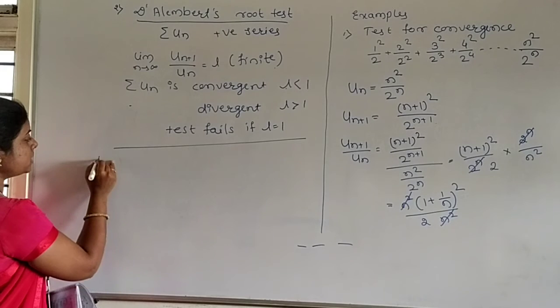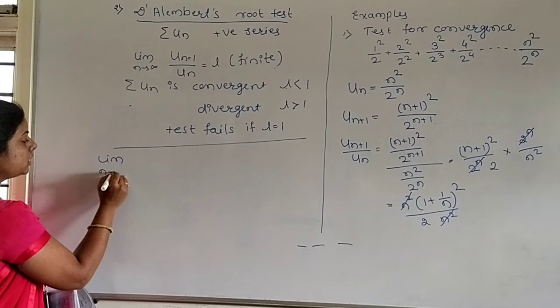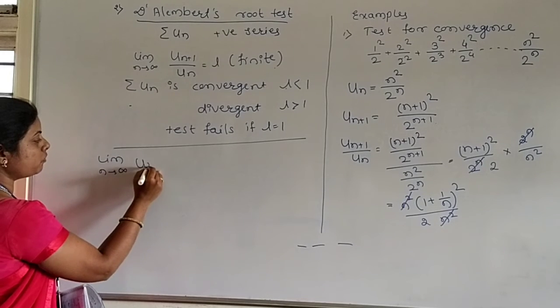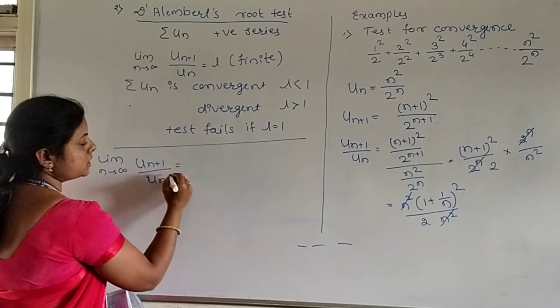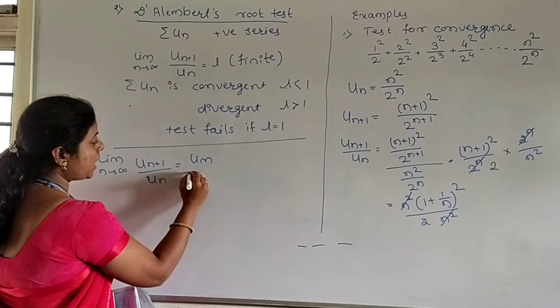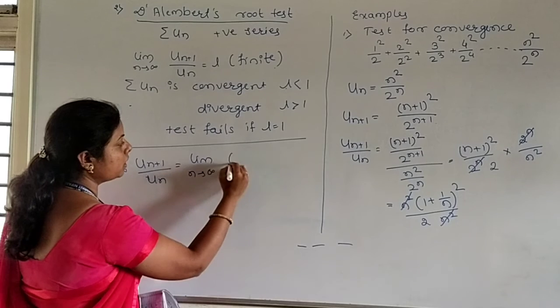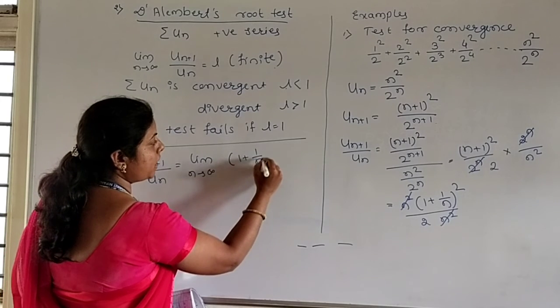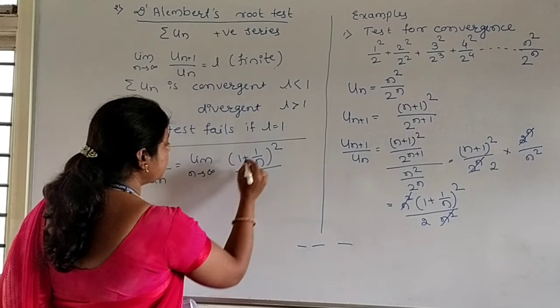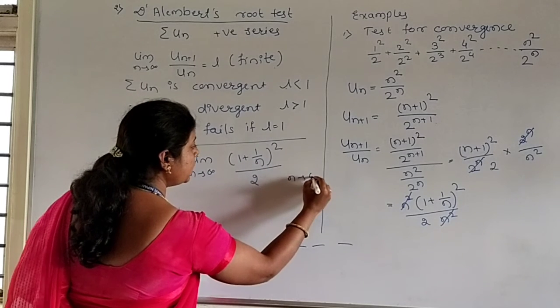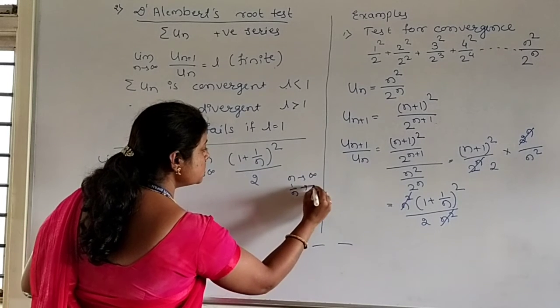After simplifying this, we apply the limit as n tends to infinity for un plus 1 divided by un, which is equal to the limit as n tends to infinity of 1 plus 1 by n whole square divided by 2. Here as n tends to infinity, 1 by n tends to 0.